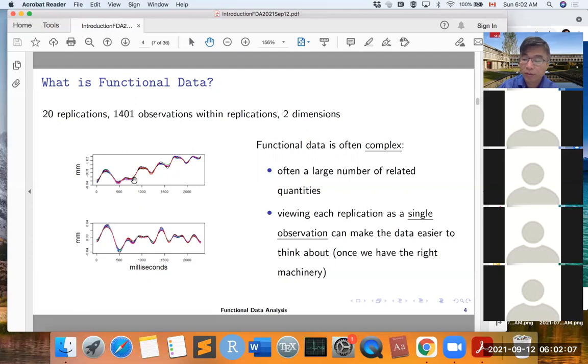When we do statistics, we often assume that the data are i.i.d., identically and independently distributed from the same distribution. Here, with functional data, we view each curve as coming from the same stochastic process.